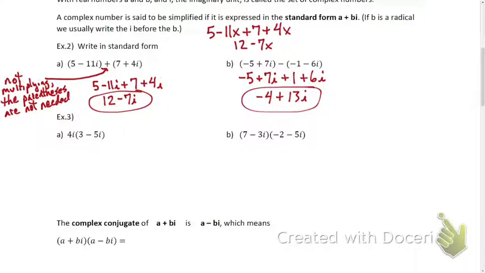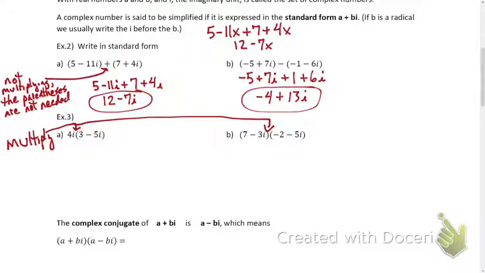A little bit different, or something a little extra happens on example 3. I don't see anything typed between here, right here, and then again right there. That means we multiply. So very different from example 2.